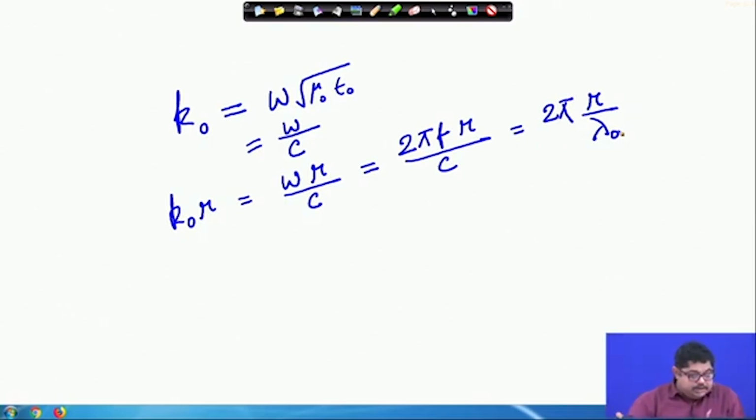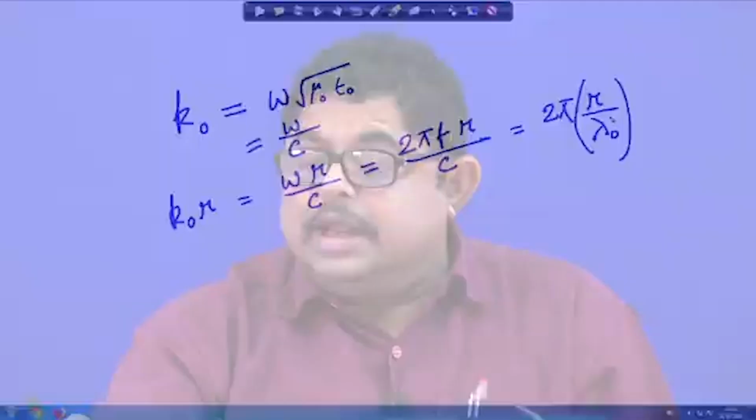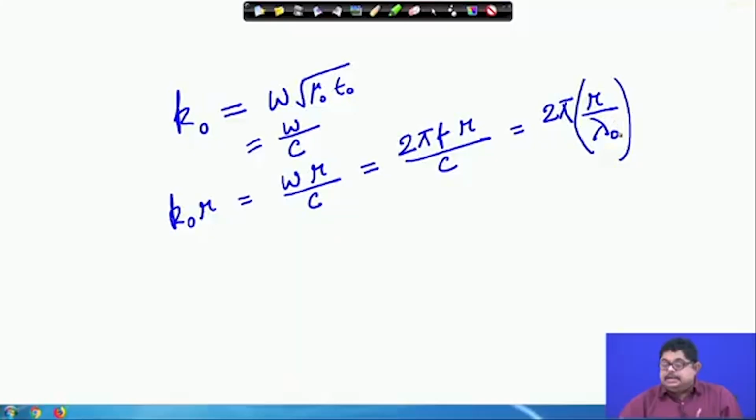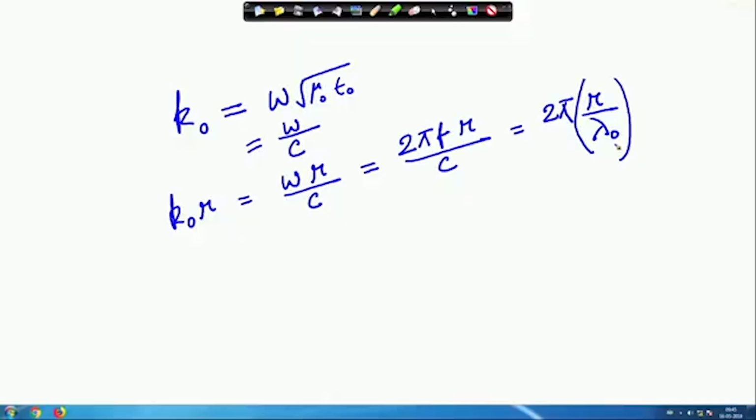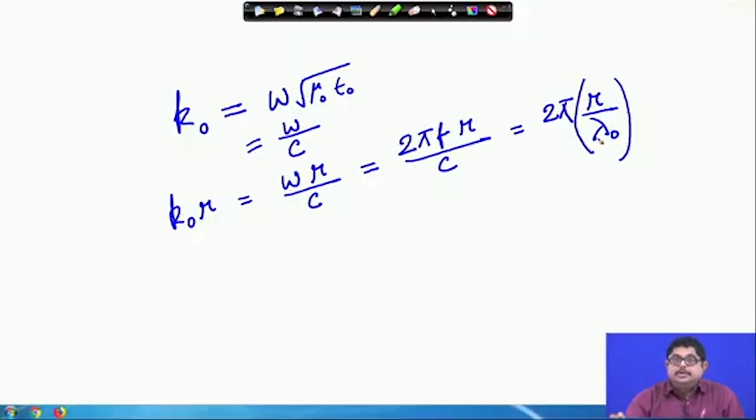So, instead of the distance r, the radial distance of the observation point from the antenna, we are writing it as an electrical distance r by lambda naught, because lambda naught is the electrical quantity. The source is oscillating with this frequency f naught, the corresponding wavelength is lambda naught, and the wave is also propagating. So, r by lambda naught is the electrical distance.